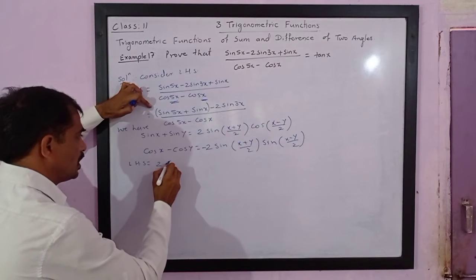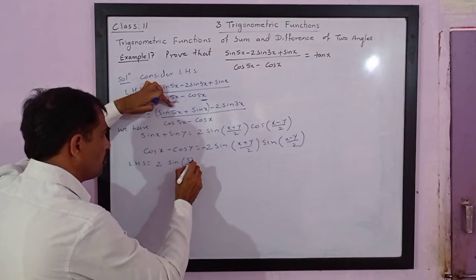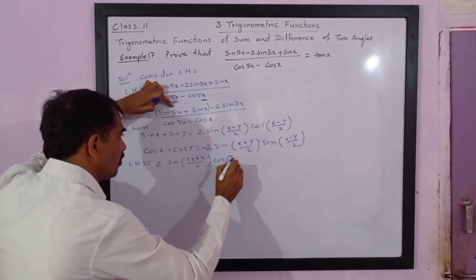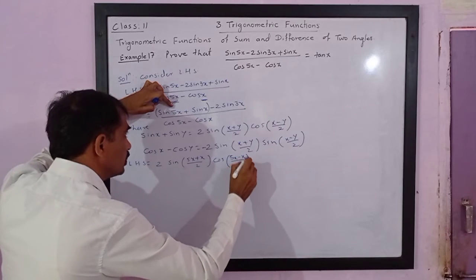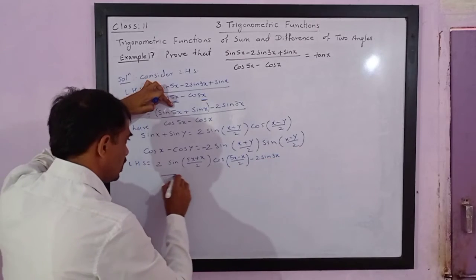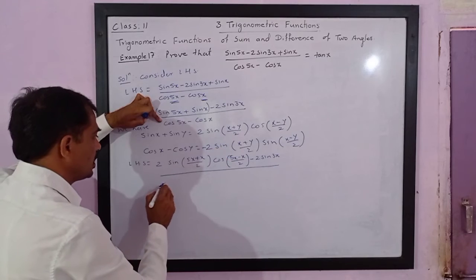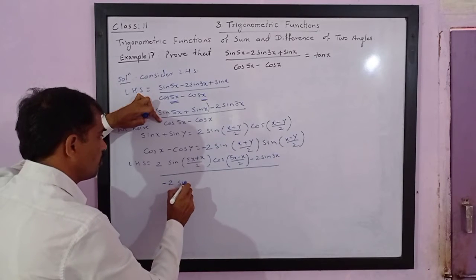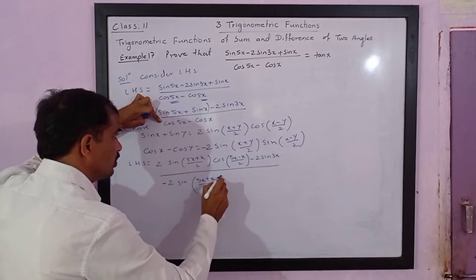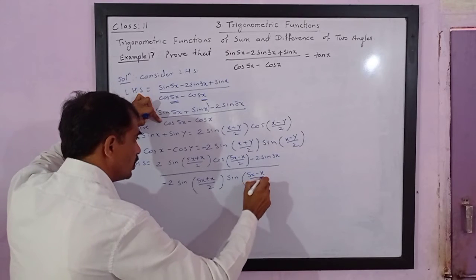So 2 sin of, first angle is 5x, second angle is x, we get (5x+x)/2 into cos((5x-x)/2) minus 2 sin 3x, upon, at the denominator we are going to use the second identity, negative 2 sin((5x+x)/2) into sin((5x-x)/2).